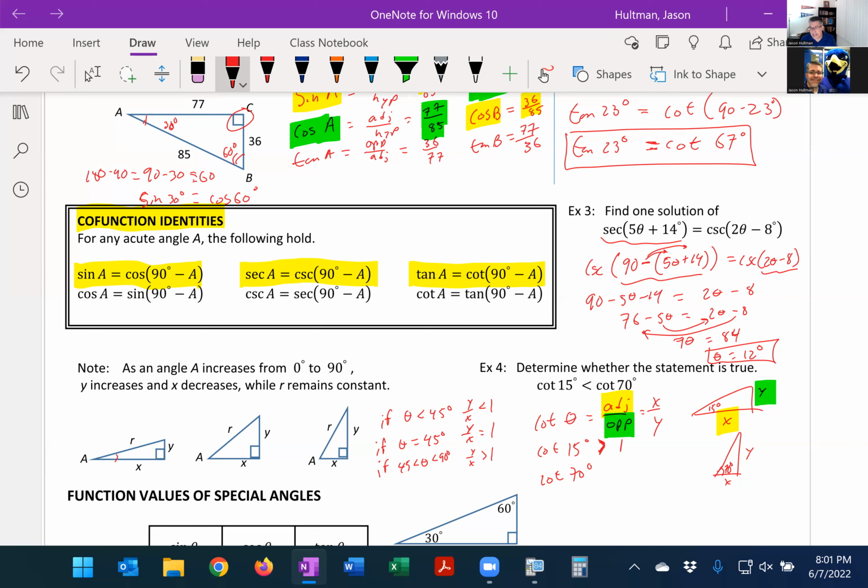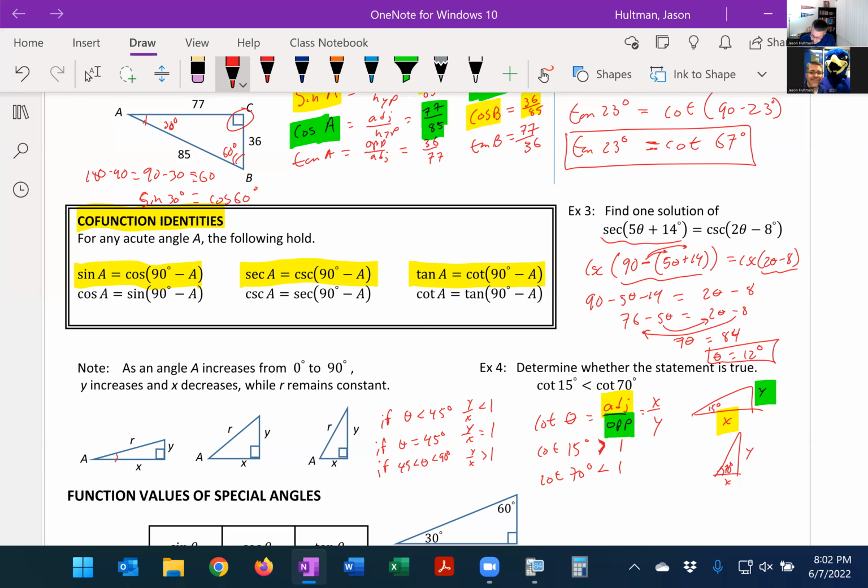Y over x is the tangent, and the cotangent is the reciprocal, so the inequalities get reversed for cotangent. So for cotangent, this is going to be less than 1. So x over y is less than 1.